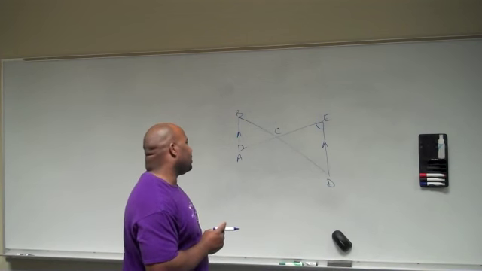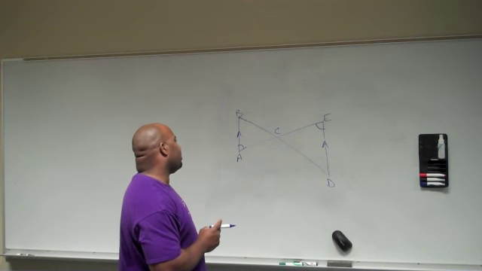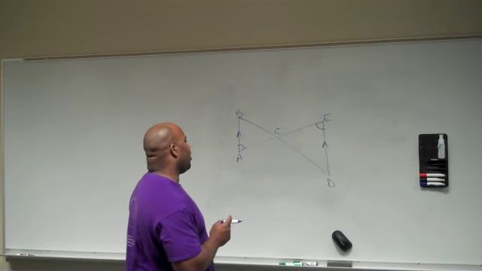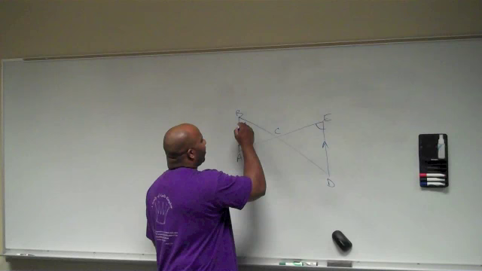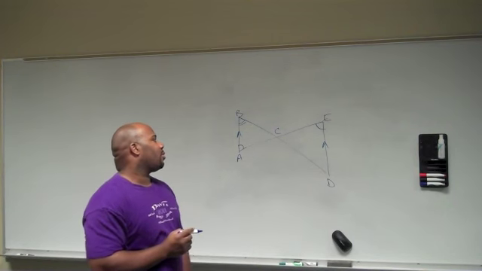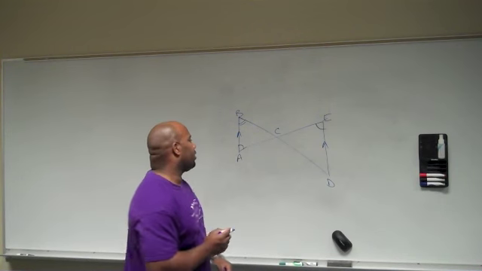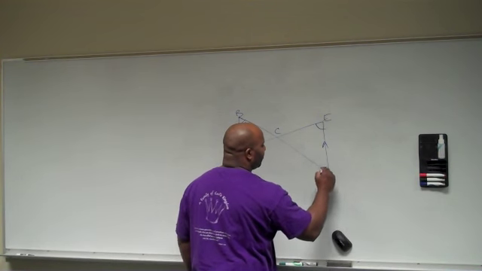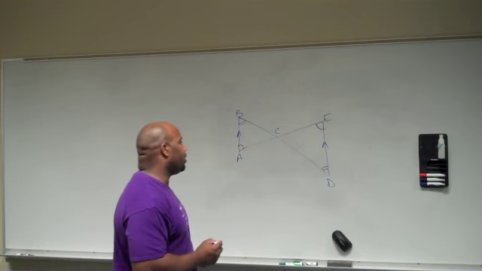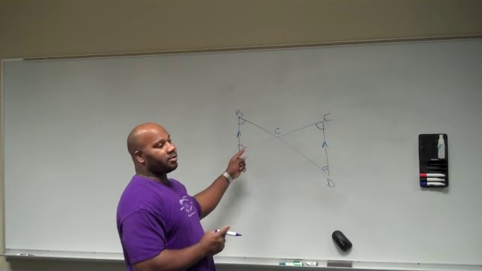Now let's say we have angle B. We know that angle D is the same, by alternating interior angles, as angle B.